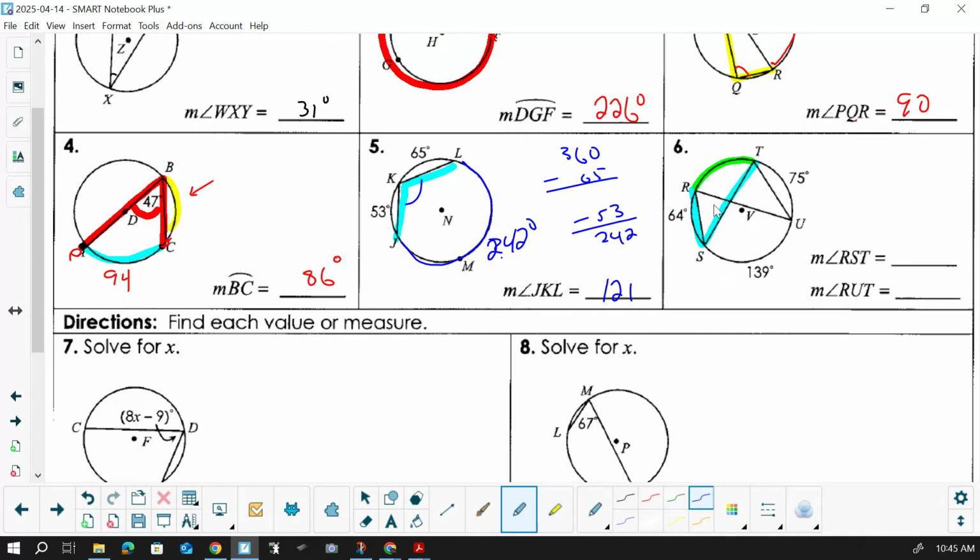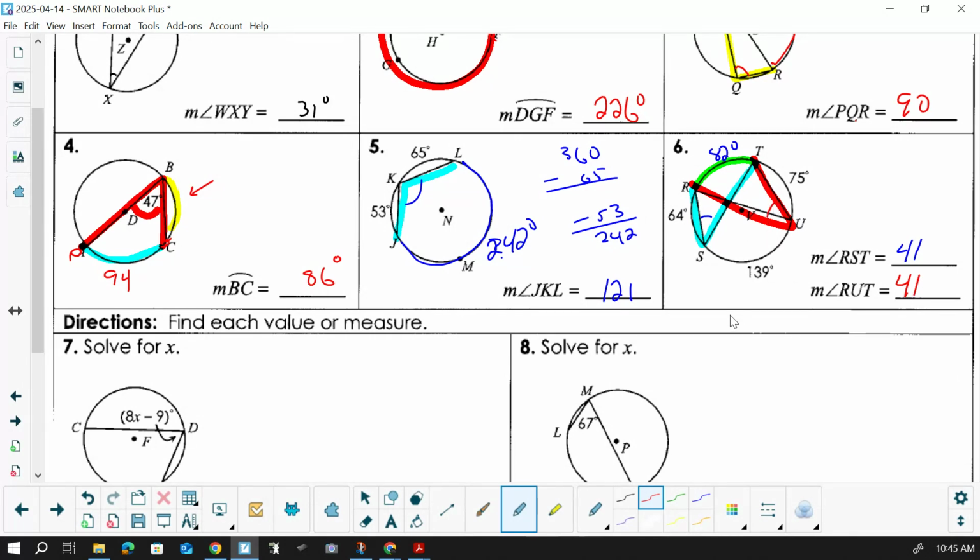So I've got 82 degrees for this, so RST would be half of that, so it'd be 41. RUT, let's go red. RUT, oh, notice it's the same arc, so half of that would also be 41.